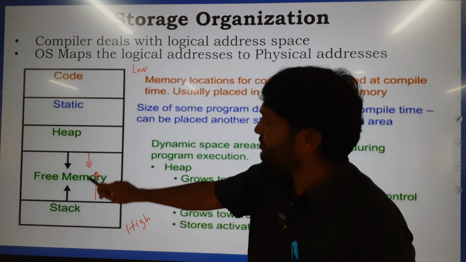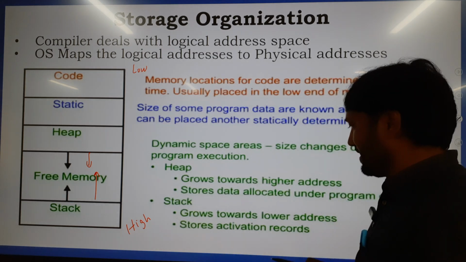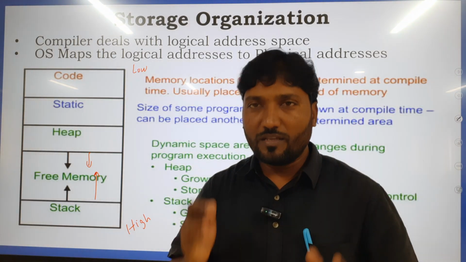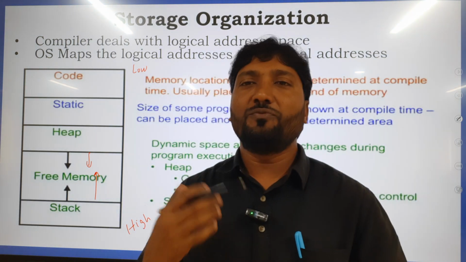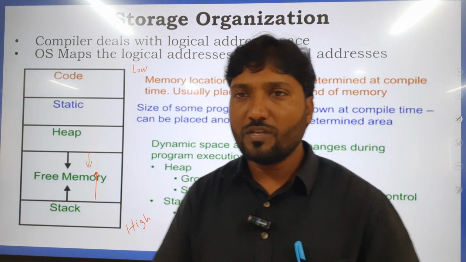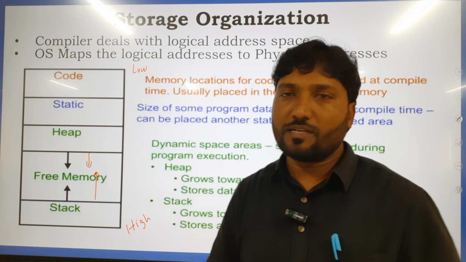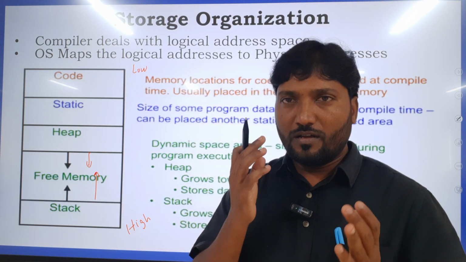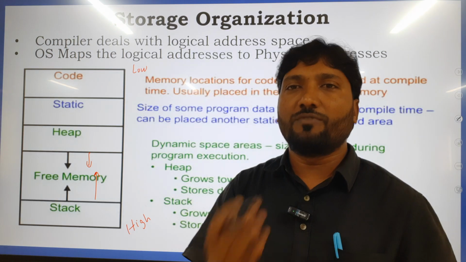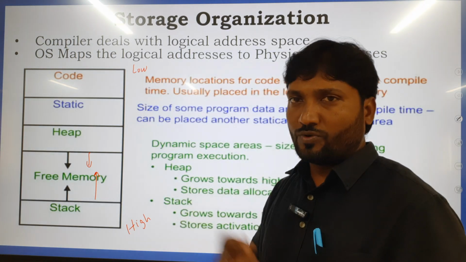The heap stores data allocated under program control. Similarly, the stack grows towards the lower address and stores the activation record. That means in stack memory allocation, for each and every function call we use one activation record. Now, let us see how we can create the activation record for each function call in the storage organization.